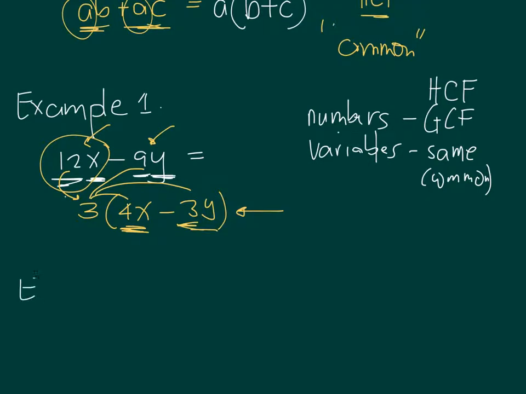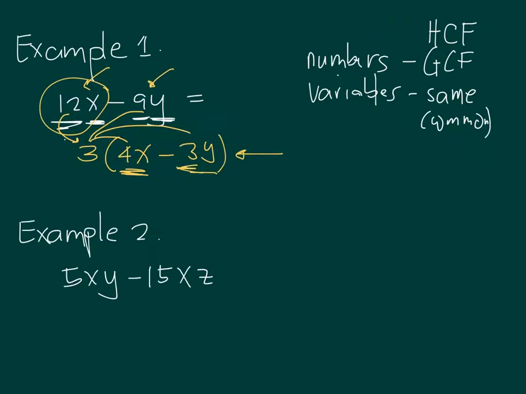So let's say we have 5xy minus 15xz. So again, to factor this, we work on it systematically. We look at the numbers and then we look at the letters or the variables.